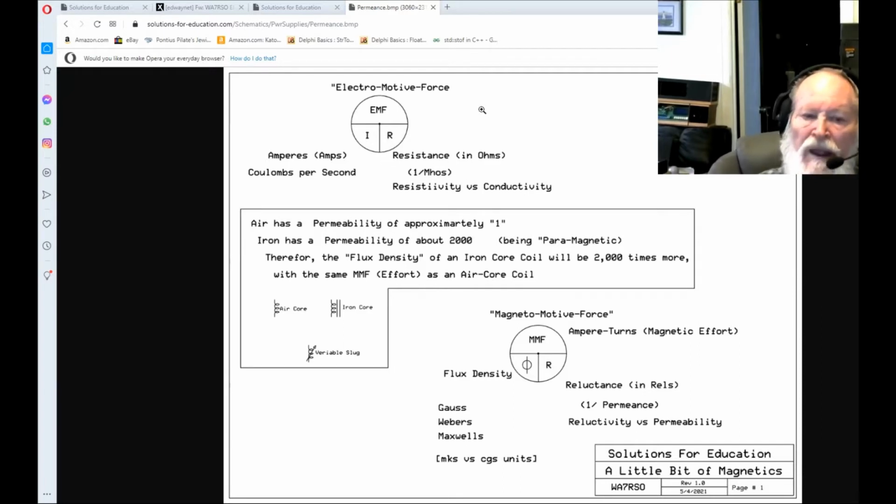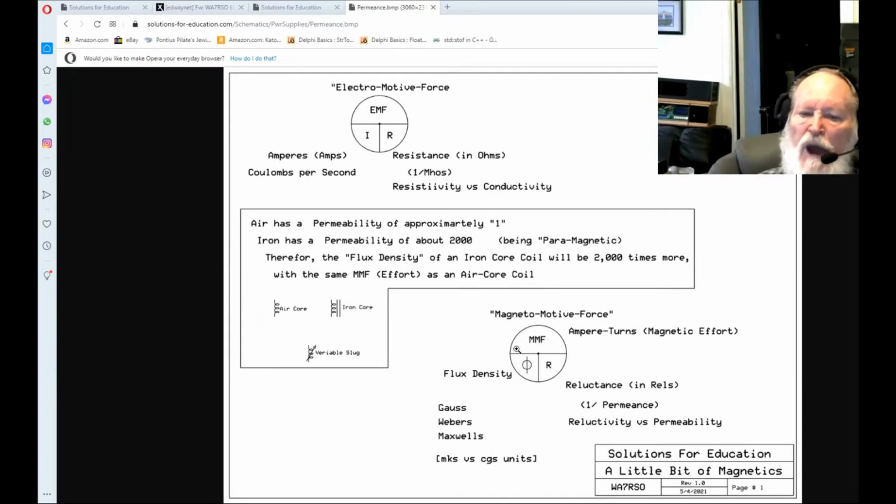All right. Now, let's get interesting on this. First of all, in an air core coil, you run current through an air core coil, there is a magnetic effort. And here's something that most people are not acquainted with unless they've spent some time in some pretty good textbooks. First of all, there is another one over here called magnetomotive force, which is the same as EMF, except this is magnetizing.